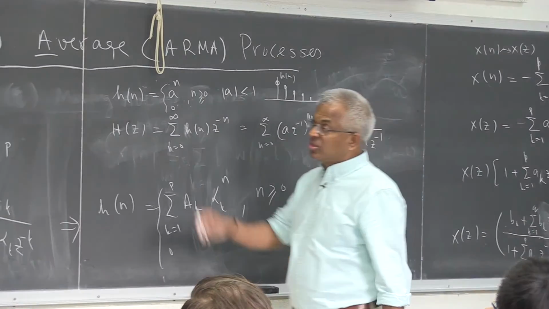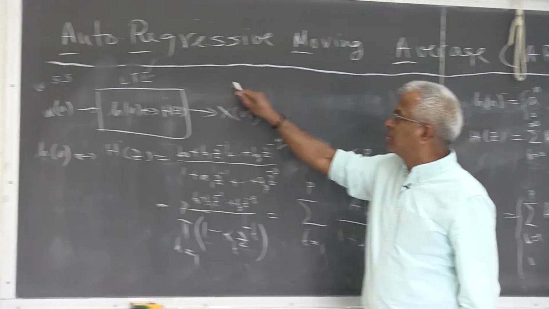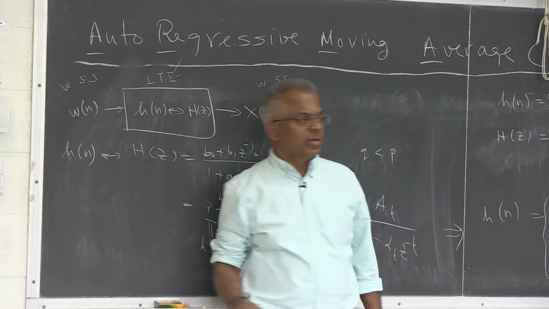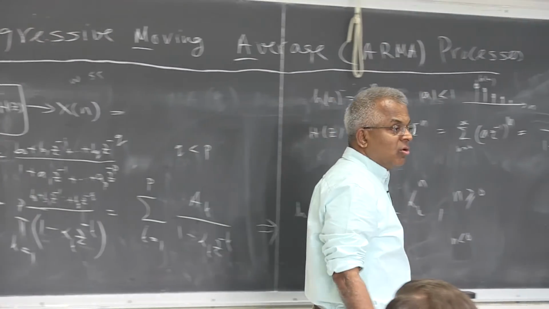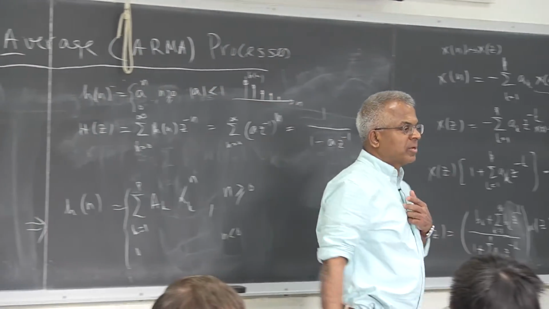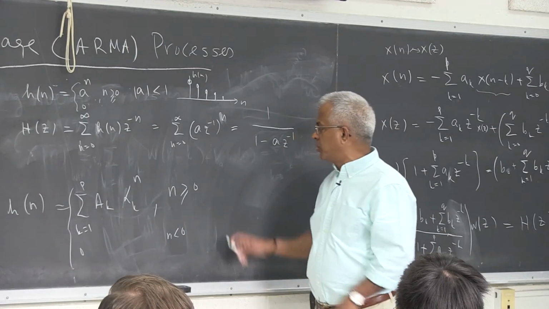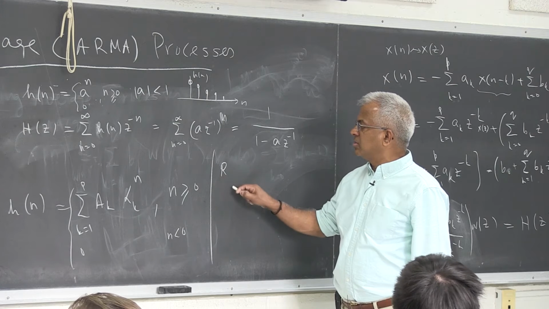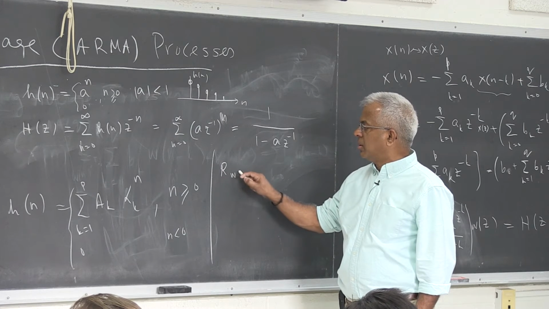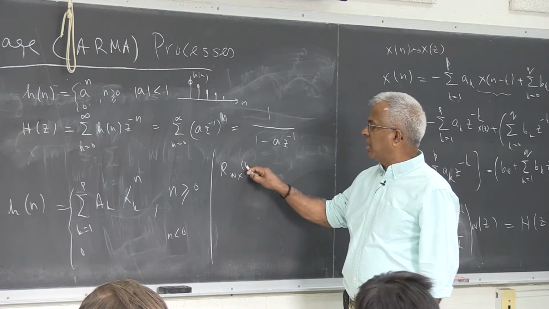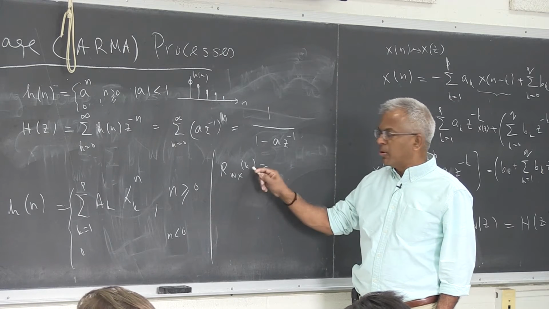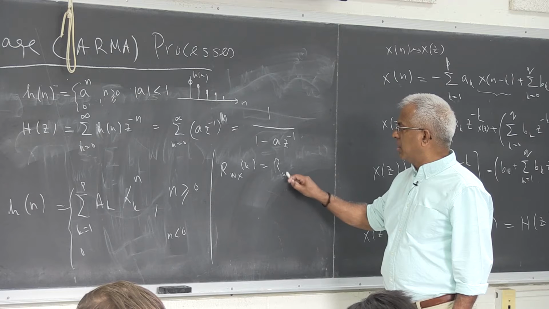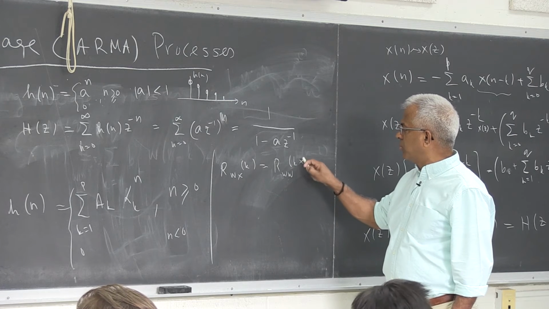So we know that if this is wide-sense stationary, this is wide-sense stationary, they are jointly wide-sense stationary. The output is wide-sense stationary also. So consequently, if the input has some power spectrum, what is the power spectrum of the output? Anybody? So you have all these relations. R_xw(k) is, I've already concluded it is wide-sense stationary. So this will be R_ww(k) convolved with what? Anybody?